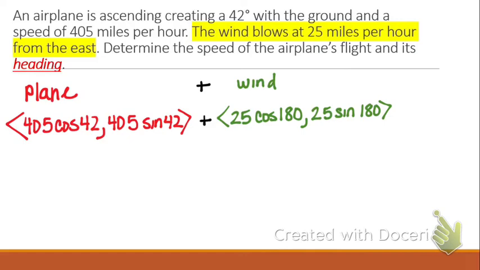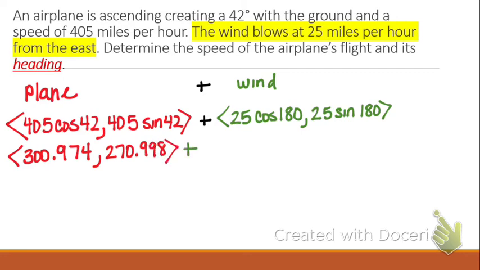Write your vectors. And then we pick up our calculators. Can I borrow that calculator? Thank you. All right, so we take the 405 cosine 42, and we get 300.974. And then 405 sine 42 is 270.998. Add that to the wind.